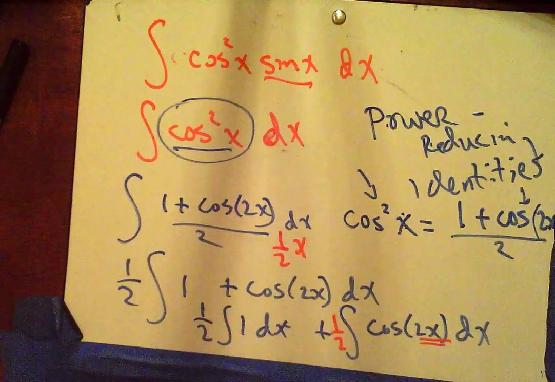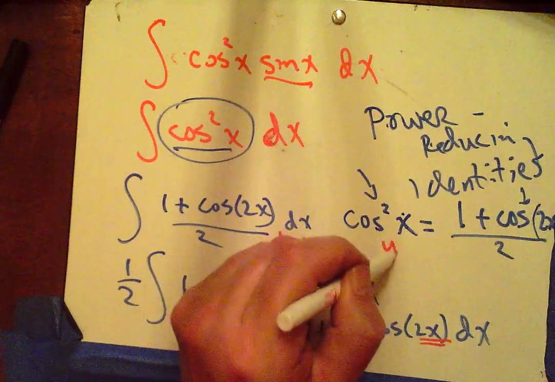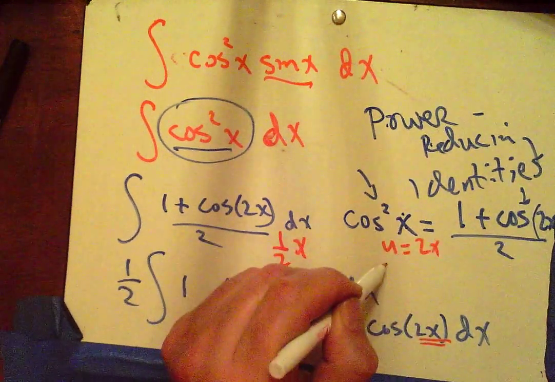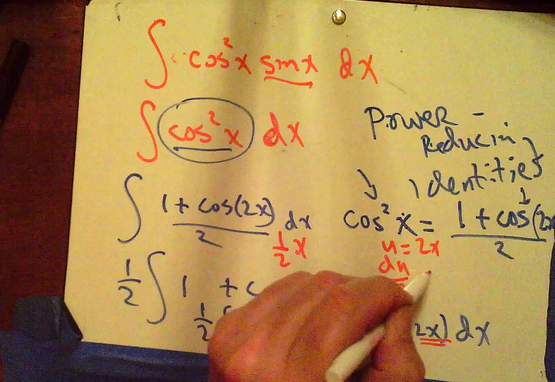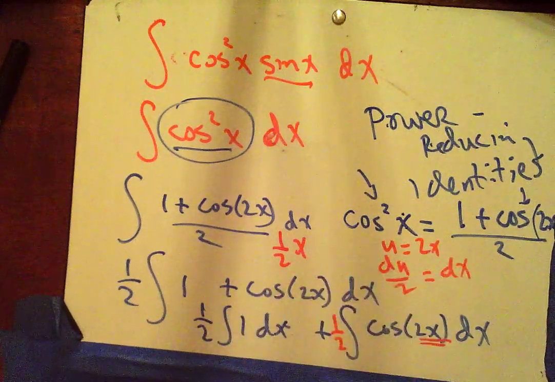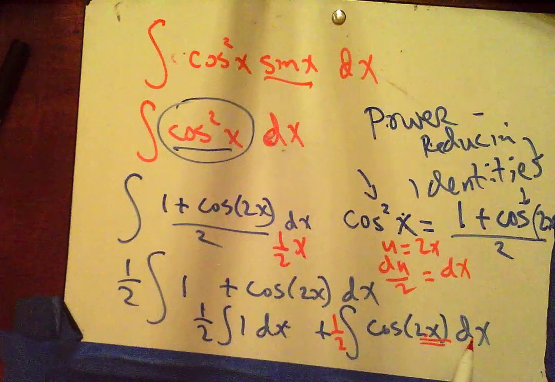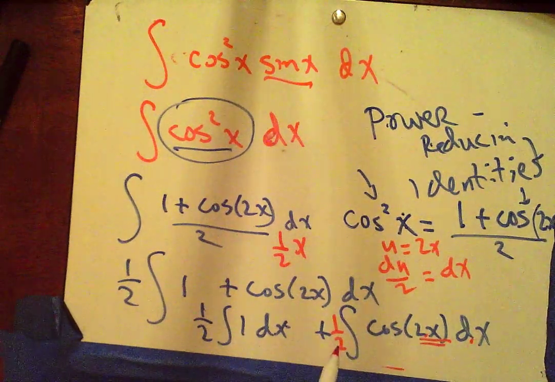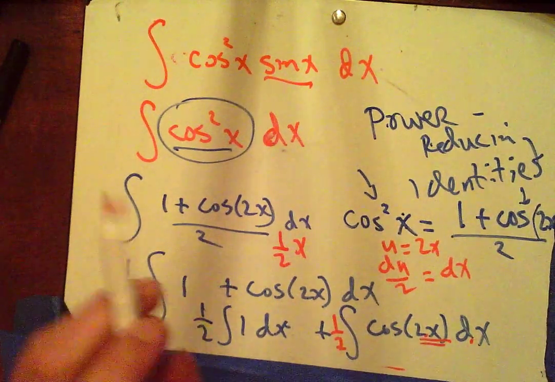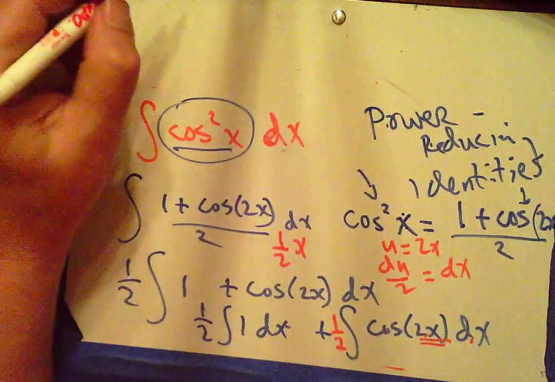Over here, I like to do a little u sub. U equals 2x. So du over 2 will be dx. So that's my u, and that's du over 2. And I'm going to bring that 2 out here with this one. So what's that going to look like?